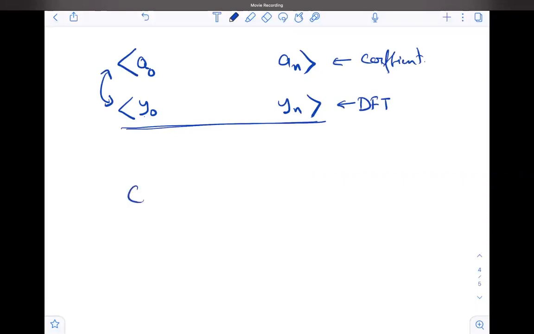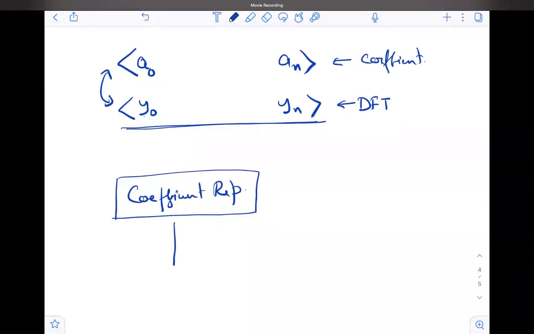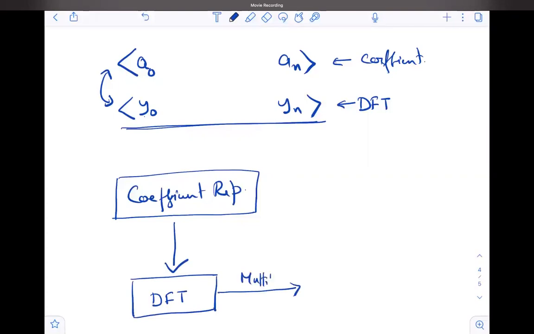If I give you the coefficient representation, you have to go to the DFT representation. Once you go to the DFT representation, multiplying here is very easy, right? So the DFT for P and Q, you can get the DFT for P times Q. This is an order n algorithm, which is the evaluation we just saw.